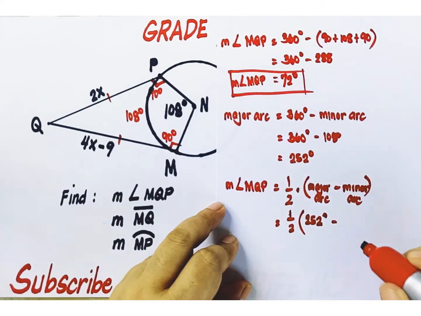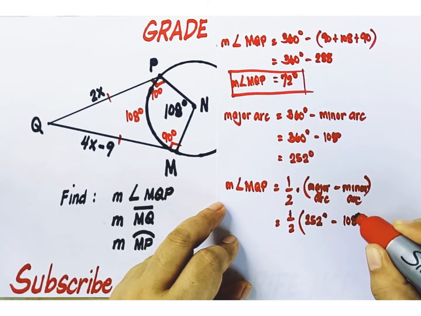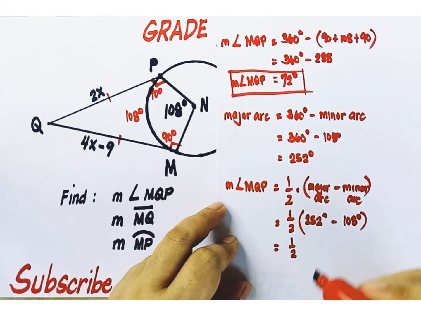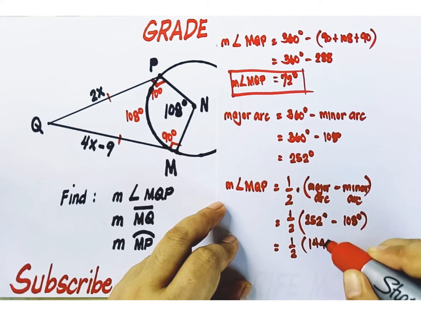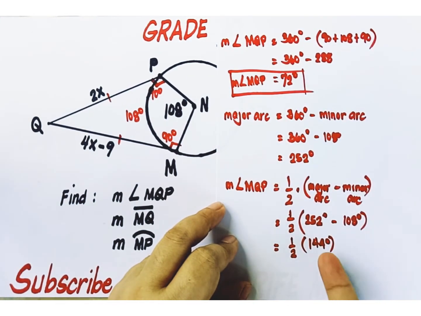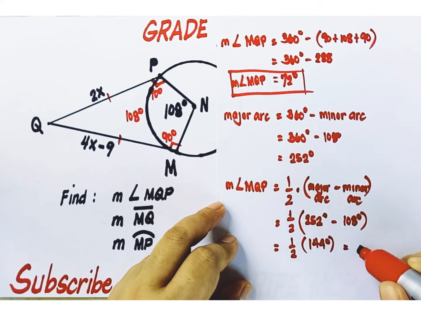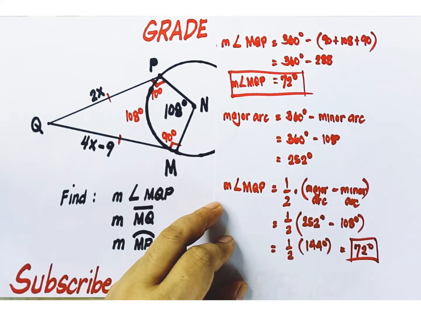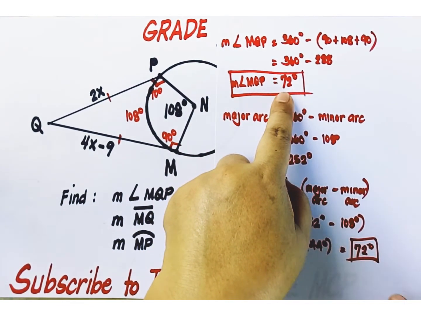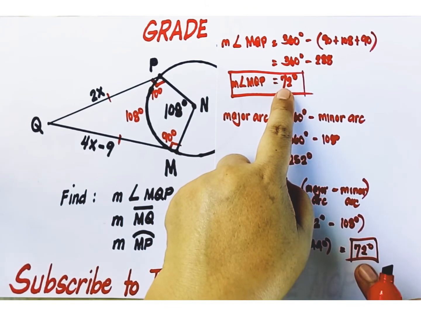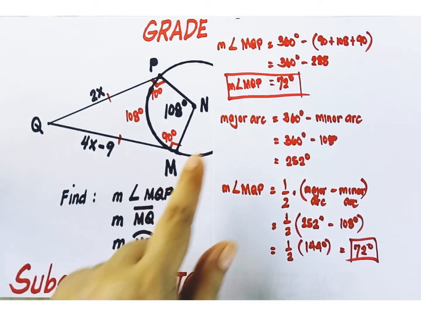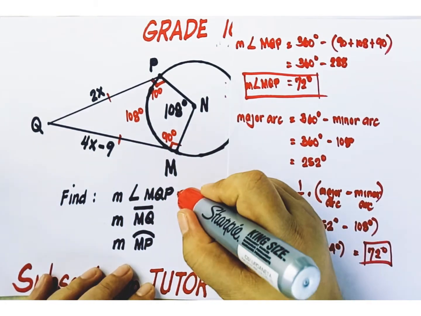Minor arc is 108 degrees. 252 minus 108 degrees is equal to 144 degrees. And 1/2 of 144 is 72 degrees. Compare this with the answer using the first method. We get the same answer. Okay? So we're done. Measure of angle MQP is equal to 72 degrees.